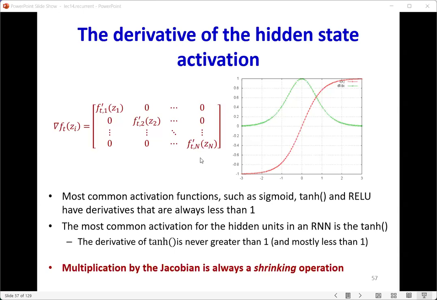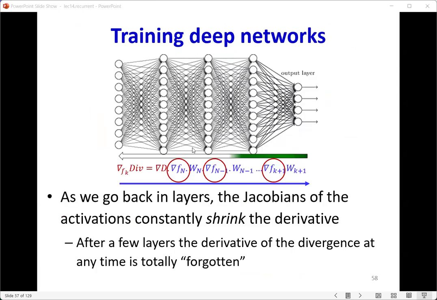It's going to get strictly smaller, right? Best case, it's going to stay the same length. Otherwise, it's going to get smaller. So each one of these guys is going to shrink the derivative in size. Do you see that? Yes or no?